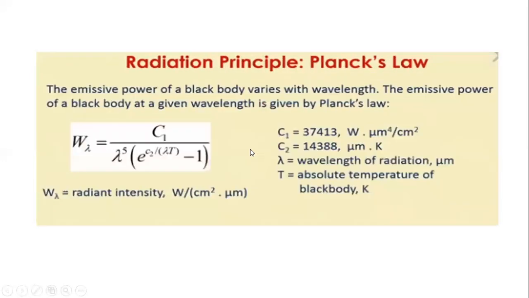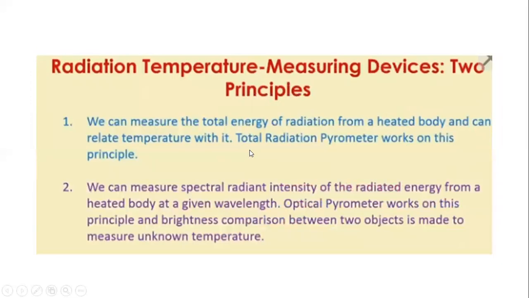We have to study two types of radiation temperature measuring devices, based on two principles. The instrument used to measure temperature by the radiation method is known as a pyrometer.